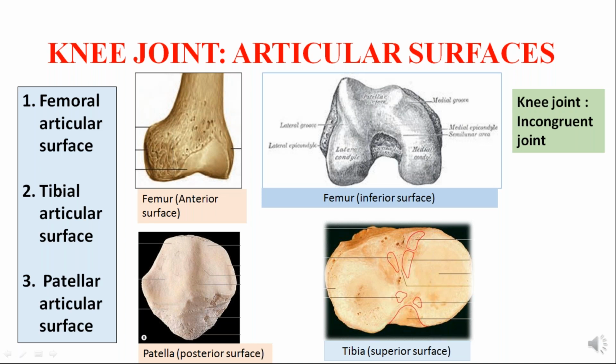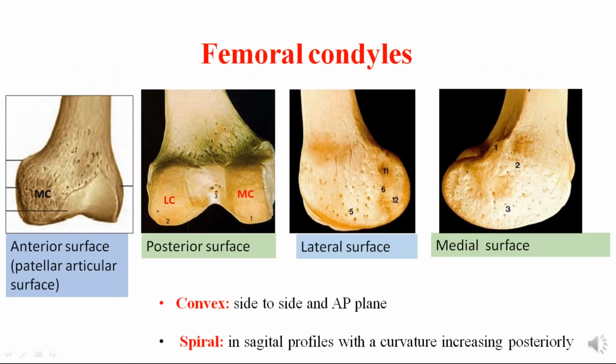Now these are the pictures of femoral condyles from different profiles: anterior, posterior, lateral, and the medial profiles. What we can see clearly over here is that the shape of the femoral condyles, both medial and lateral, is convex.